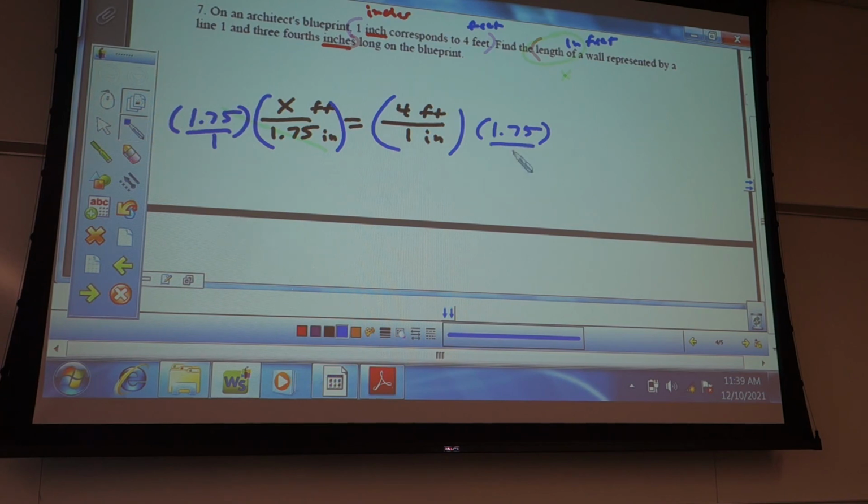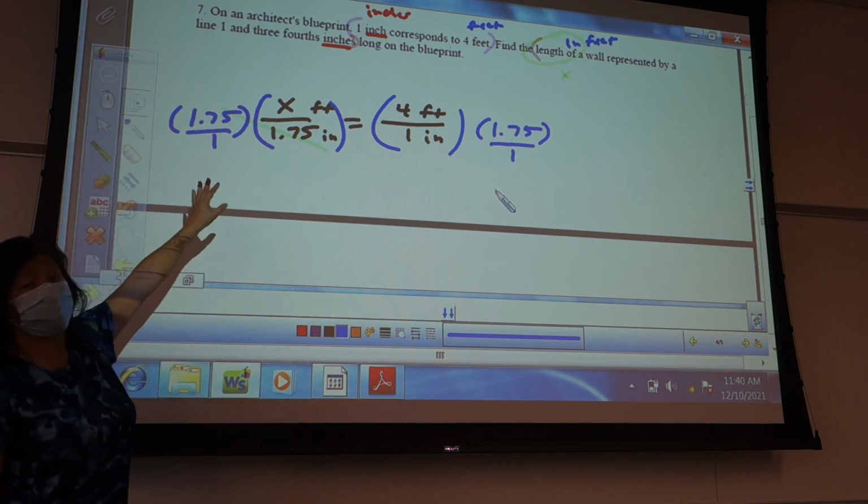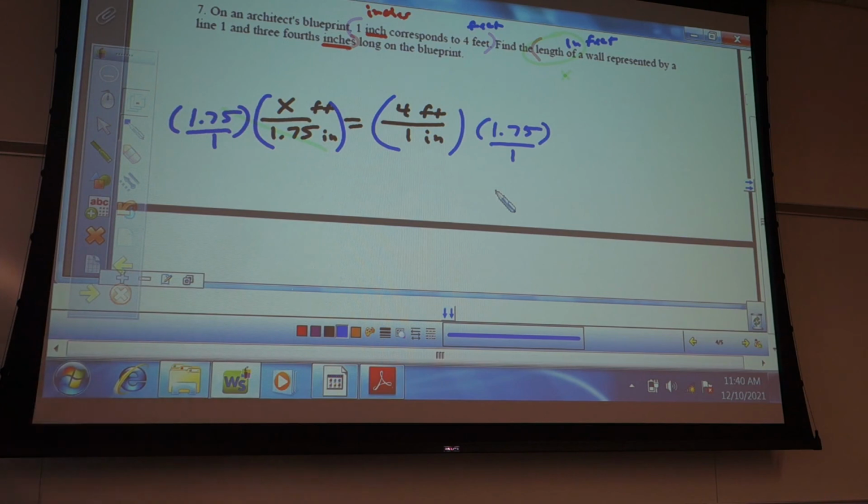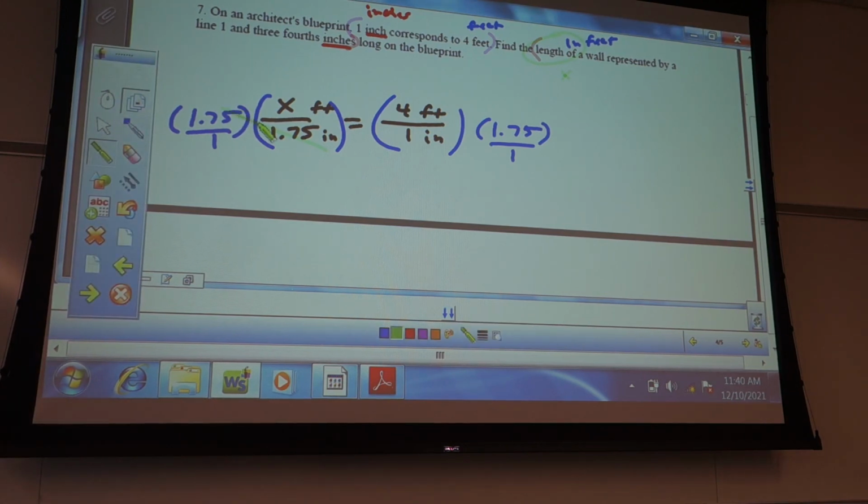You can totally do that. Same thing. So then we'll know what x is. The point is to get that part to cancel out. So everybody find x. X equals what?